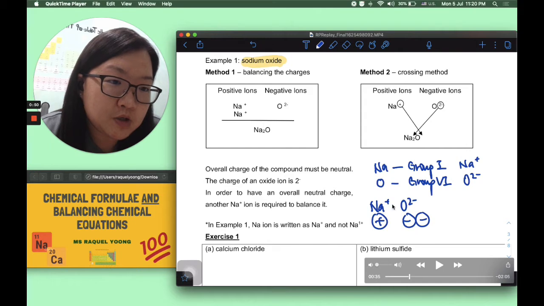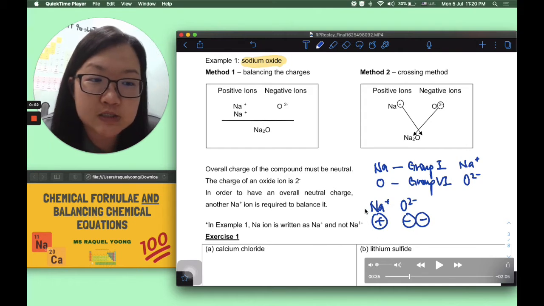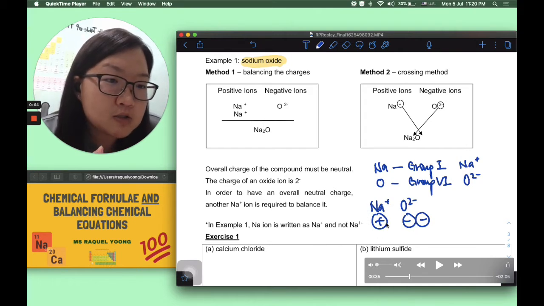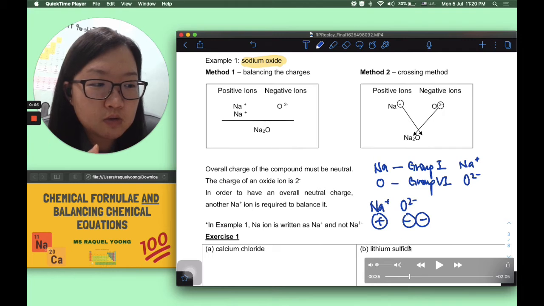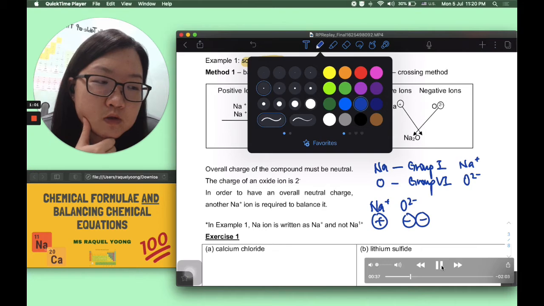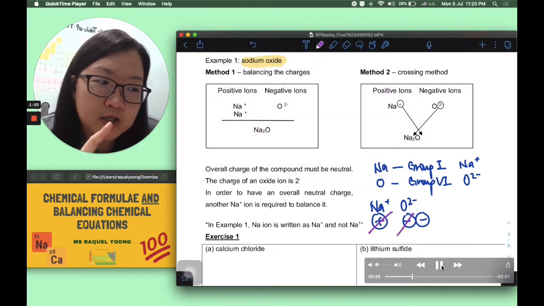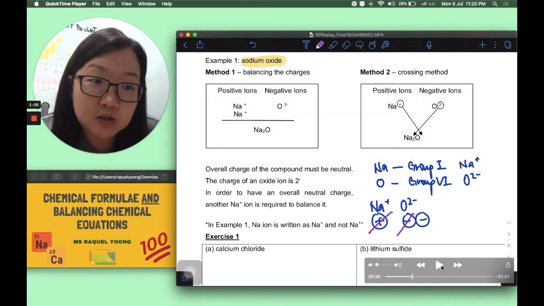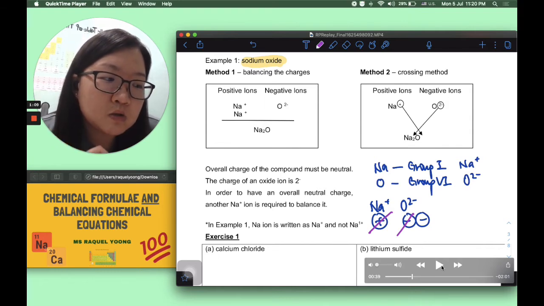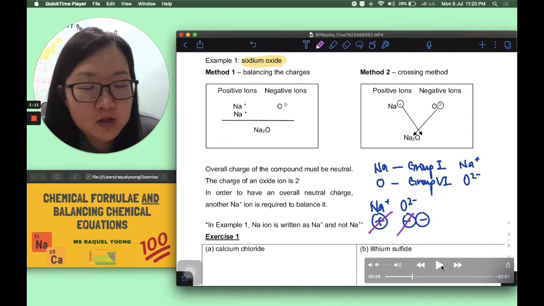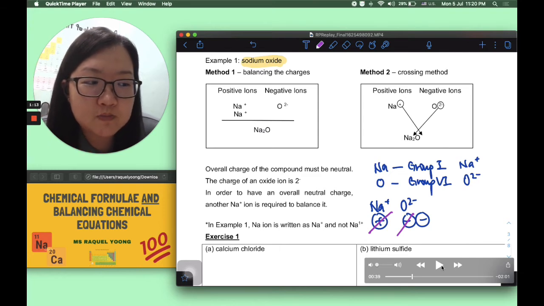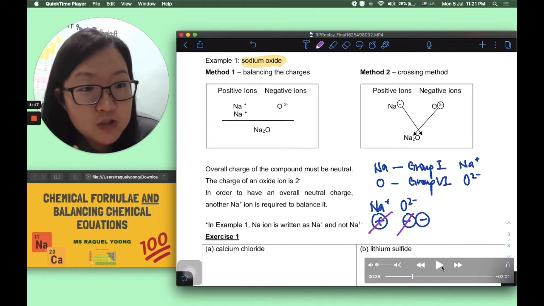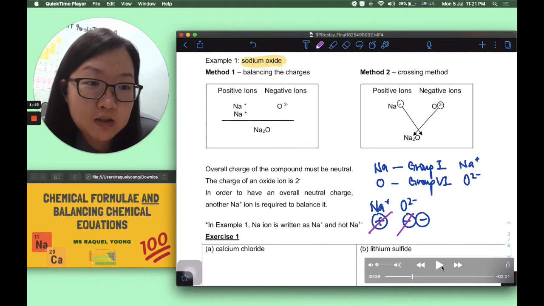Looking at this little visual representation that I've drawn out, you can see that you can't balance the charges totally, right? If I cancel the one positive and one negative, I'm still left with a net negative. So using simple math and visually also, I can see that in order to cancel out that final one negative charge, I still need one more unit of my cation.